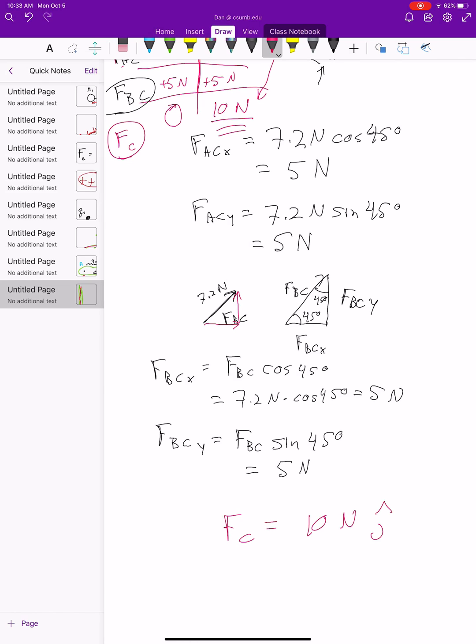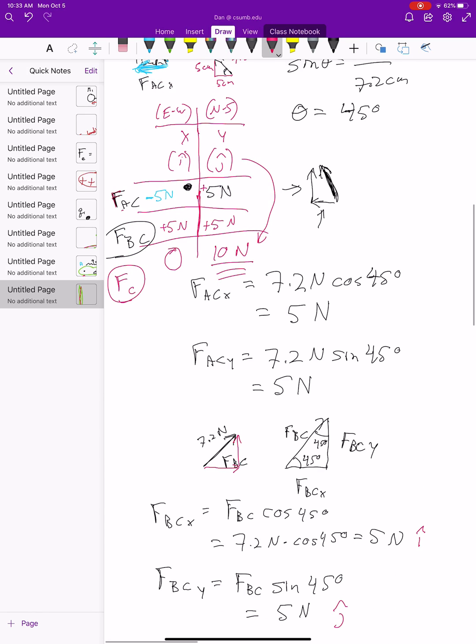By the way, anytime I say x, I can also put an i hat after it, and y is j hat. That keeps me from having to put it into a table like you see here.